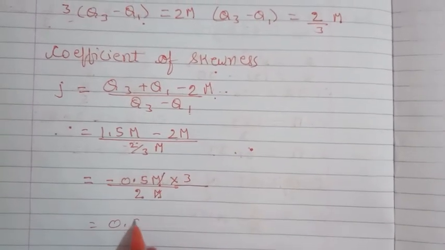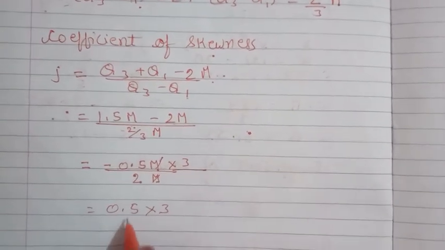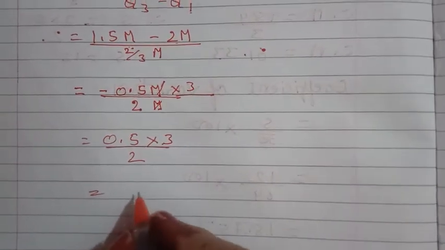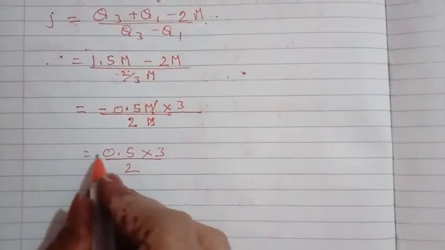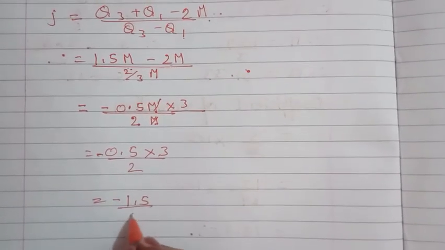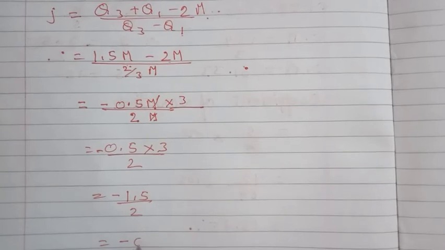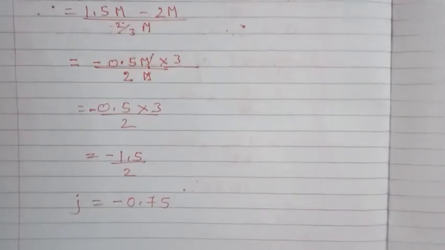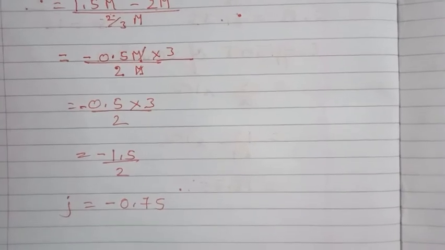So minus 0.5 into 3 upon 2. Now 0.5 into 3, it will give us the answer minus 1.5 divided by 2, that is equal to minus 0.75. That is my value of J, or coefficient of skewness.